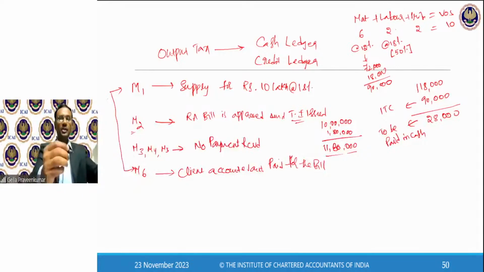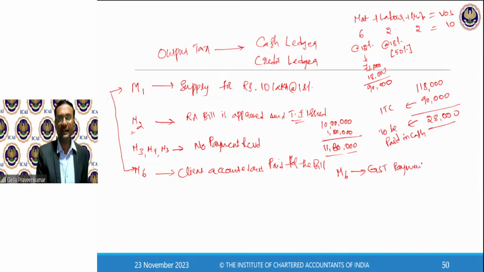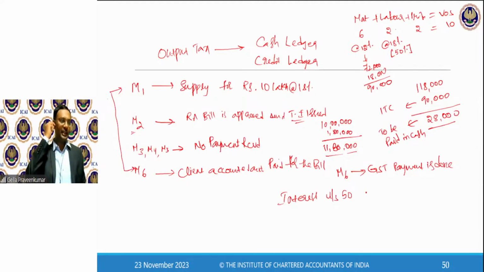So I am left with no money to pay this particular cash of 28,000. Now, assuming in month six, GST payment is made. Now, there comes interest under section 50. This is what we are supposed to calculate.